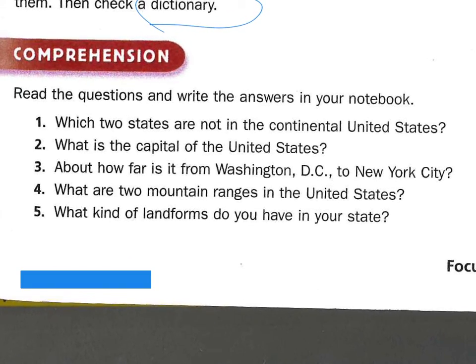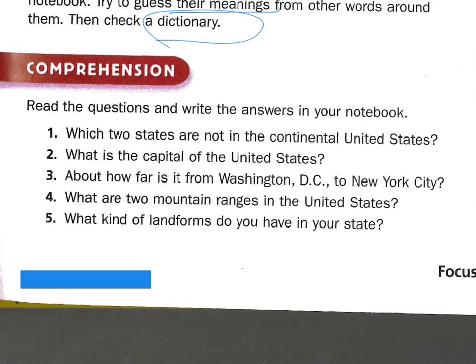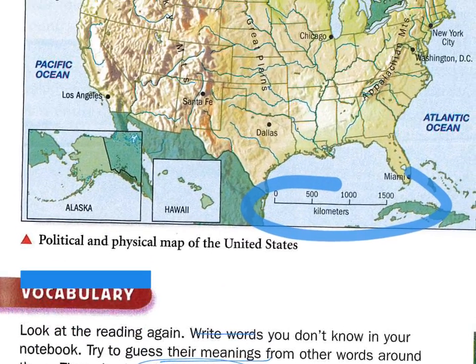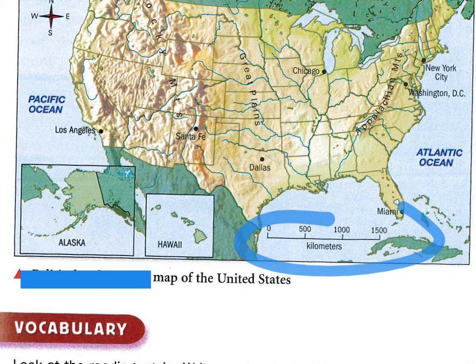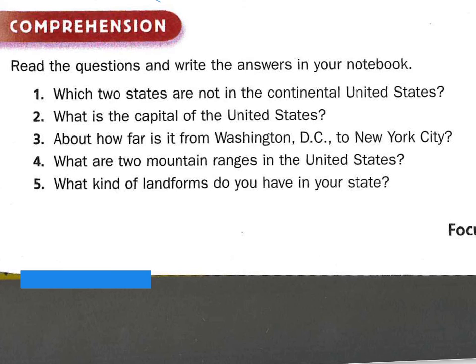What are two mountain ranges in the United States? Do you remember? The Appalachian Mountains and the Rocky Mountains. What kind of landforms do you have in your state?